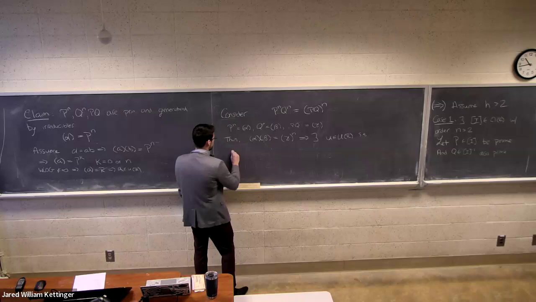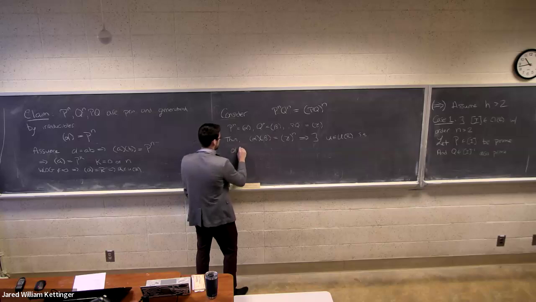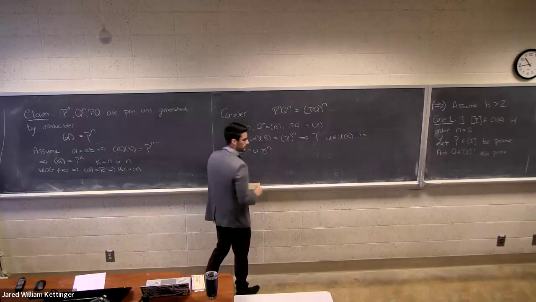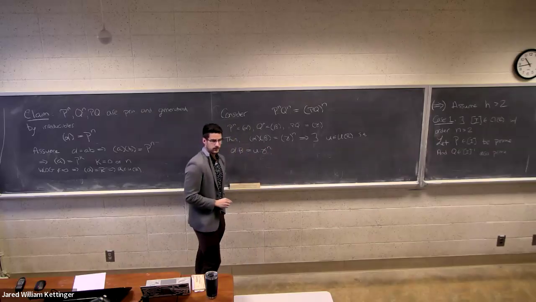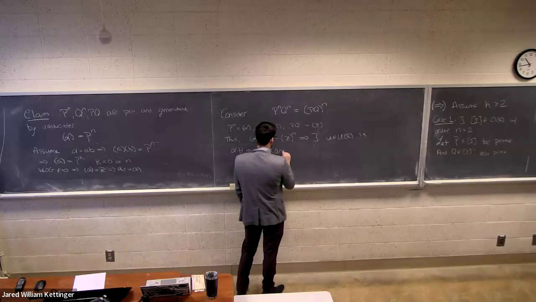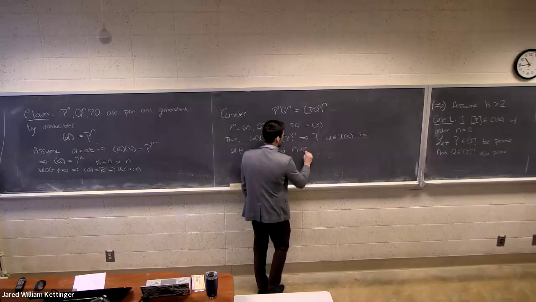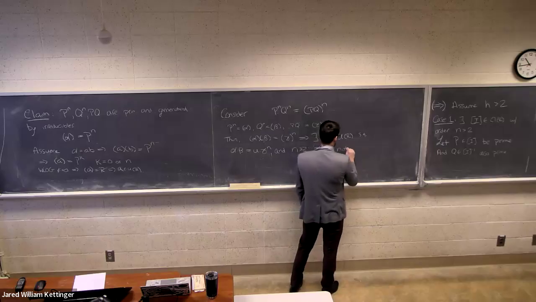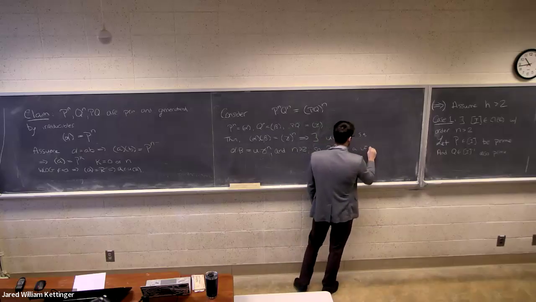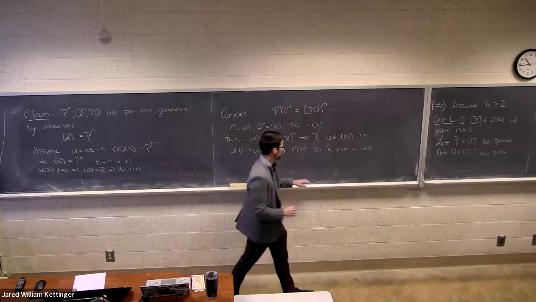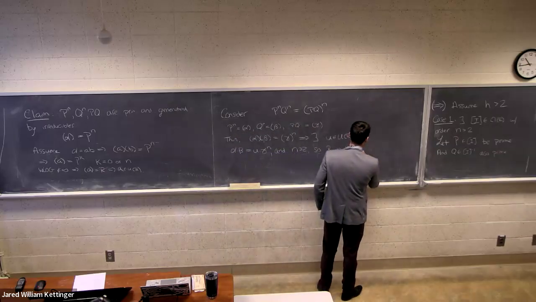This implies that there's some unit such that alpha times beta equals u times gamma to the n. And we assume n is greater than 2. Oh, well, that is true.